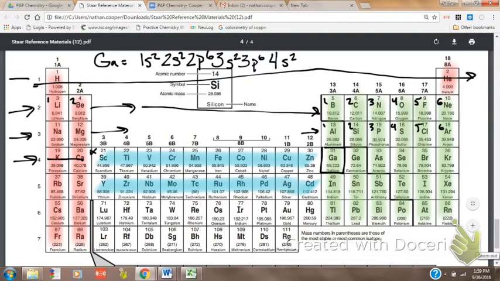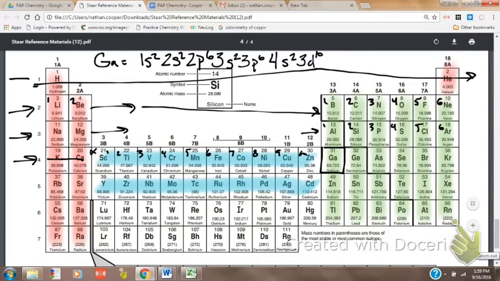So when I leave the 4s block and enter the d block, I need to subtract 1 from the row that I'm on. So I will be in the d block, so 3d. Count them: 1, 2, 3, 4, 5, 6, 7, 8, 9, 10. There's 10 elements in the d block, so that 3d orbital is completely full.